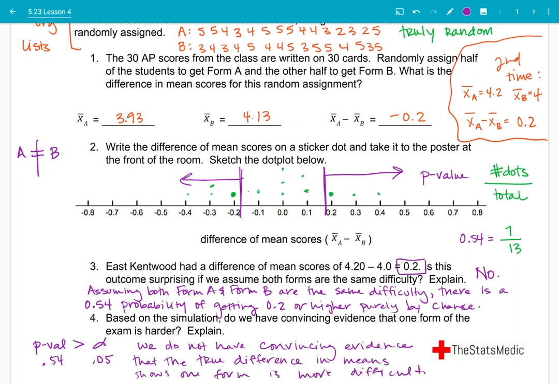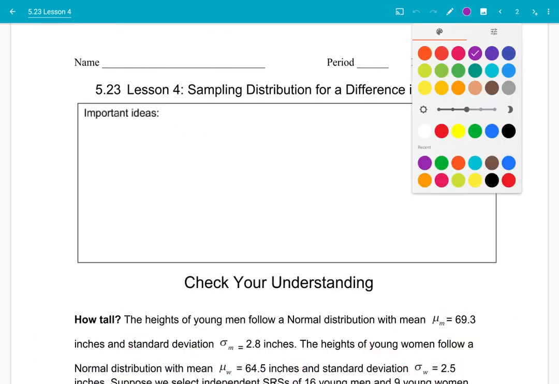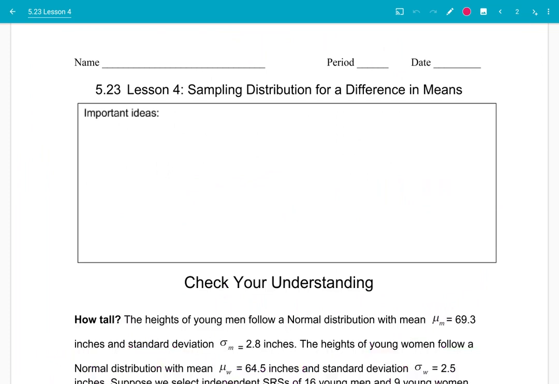Okay, so let's look at kind of the big ideas of this lesson. It's not anything major. This lesson was just meant to introduce you to mean problems again, because we just spent 3 lessons on proportions, and mean problems feel a little bit different. Okay. So big ideas on this one. Remember, if we're talking about a distribution of means, then if we were trying to describe the distribution, we are talking about the shape, center, and the spread.